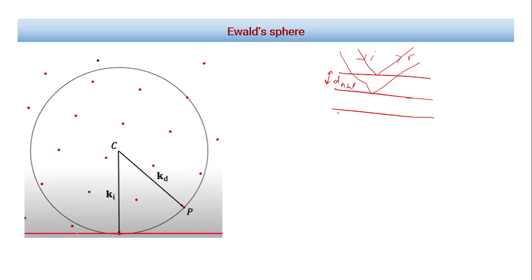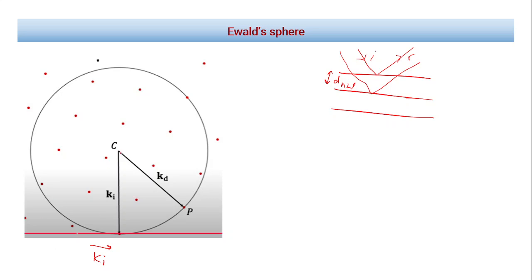The same way here, in reciprocal space, we define Ki as my incident ray, but here it's a vector. In real space I was just saying this is the direction of incidence. In reciprocal space, we define this incident X-ray as a vector, which means it has magnitude as well as direction. The direction is the same as the direction of the incident X-ray we were talking about in real space.